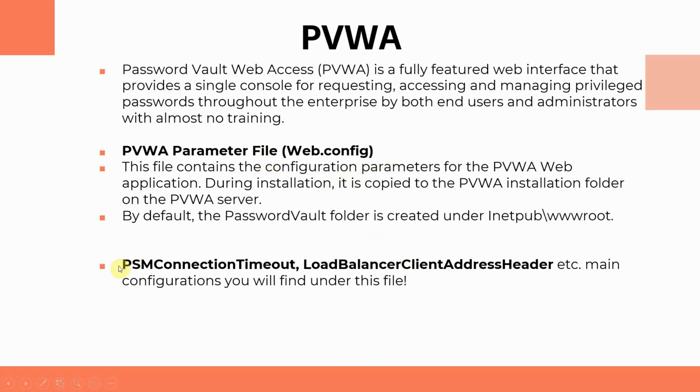You need to reduce or increase this PSM connection timeout. You need to edit this file only. So this is the main configuration file of your PVWA. After making the changes, you need to reset the IIS. You need to restart the web server services so that those changes can be applied.